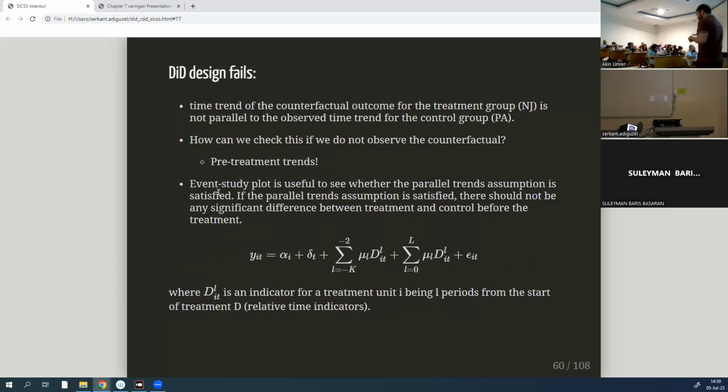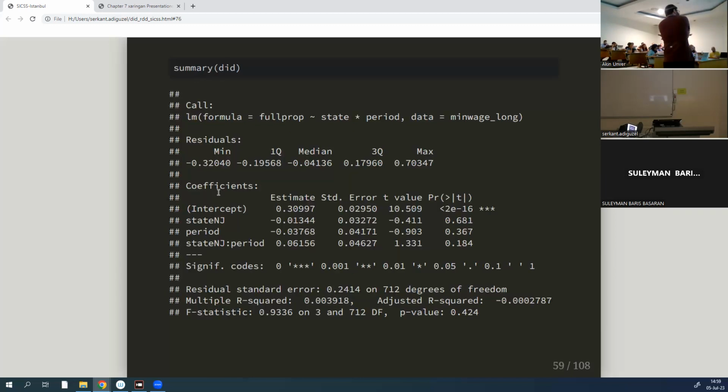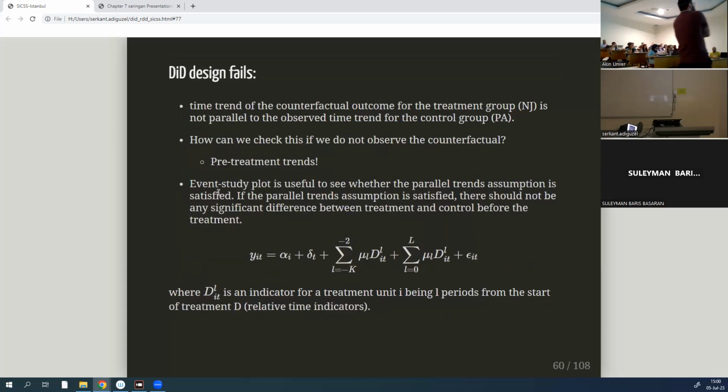But as I told you, in order to believe that this is actually the causal estimate, the causal impact of minimum wage on employment, we need the parallel trend assumption to be satisfied. But how are we going to test this? The parallel trend assumption tells us that Pennsylvania and New Jersey would follow a similar time trend in the absence of treatment.